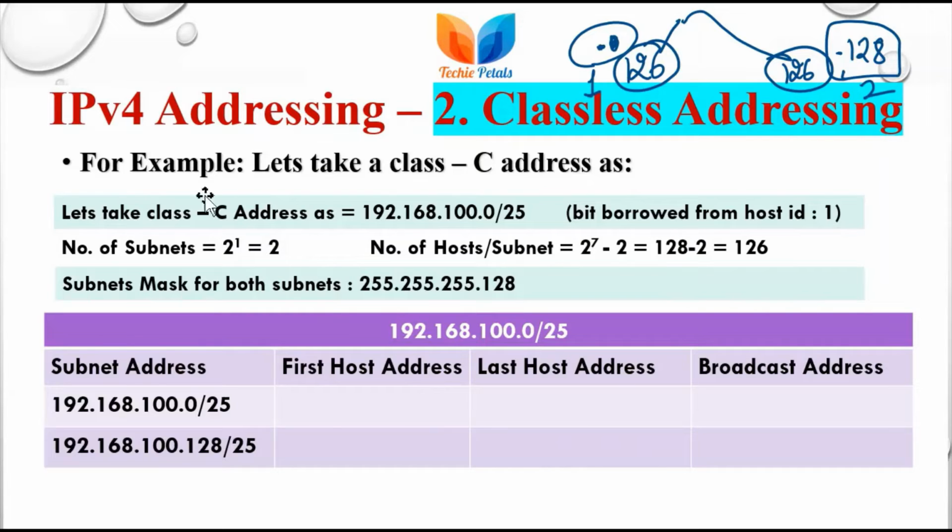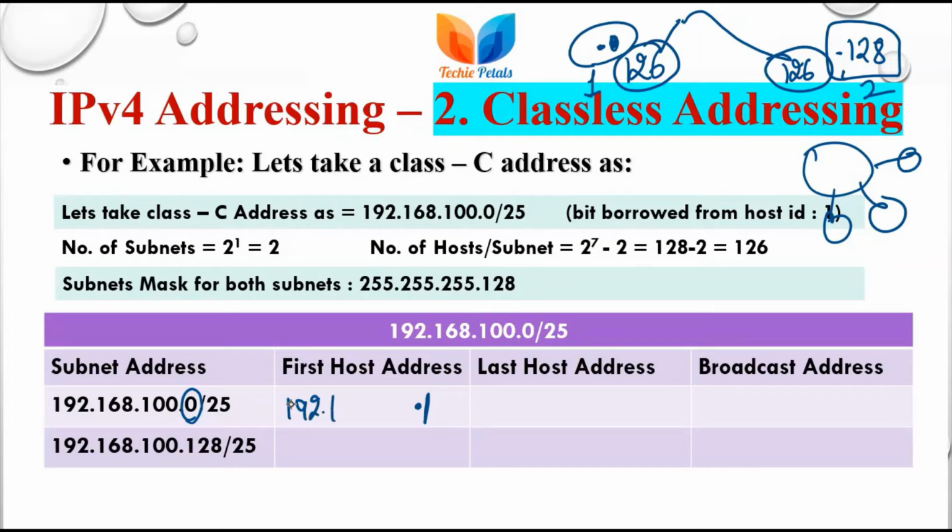The number of hosts will always be in a power of 2. Secondly, you need to provide consecutive addresses to all the connected nodes in the network. This is the rule. So here the first address is going to be 1.